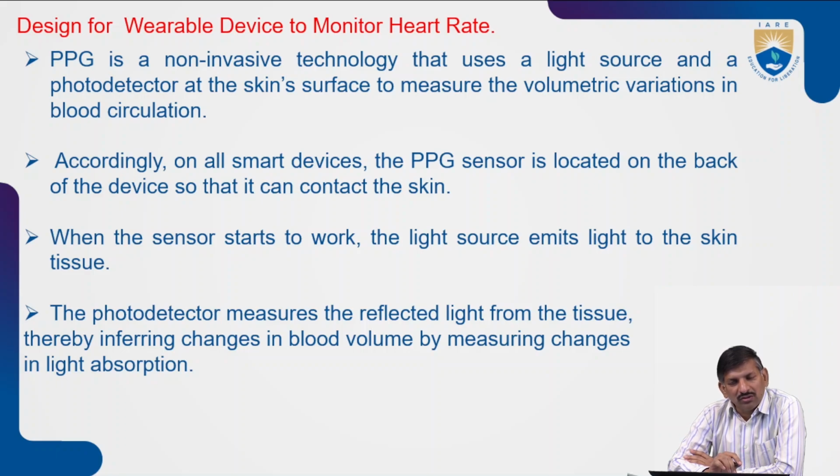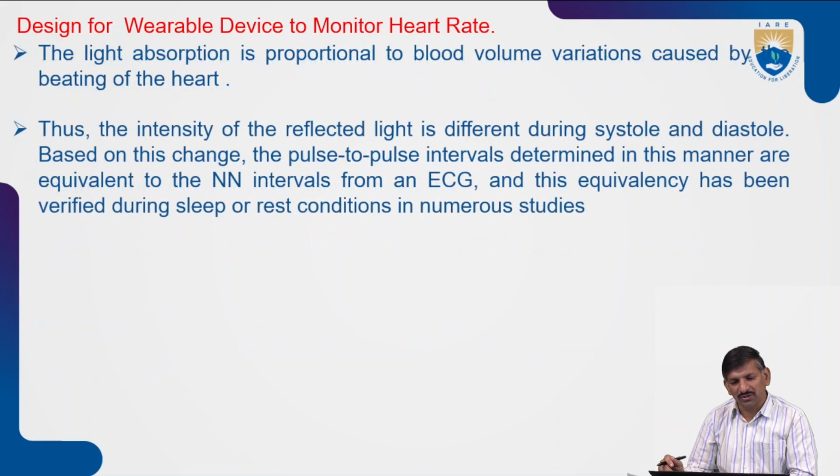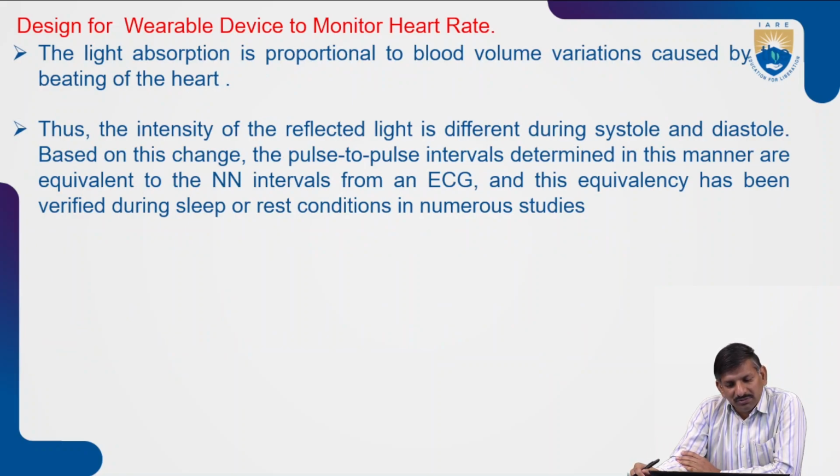When the sensor starts to work, the light source emits light to the skin tissue. The photodetector measures the reflected light from the tissue, thereby inferring changes in blood volume by measuring changes in the light absorption. The light absorption is proportional to the blood volume variations caused by the beating of the heart.